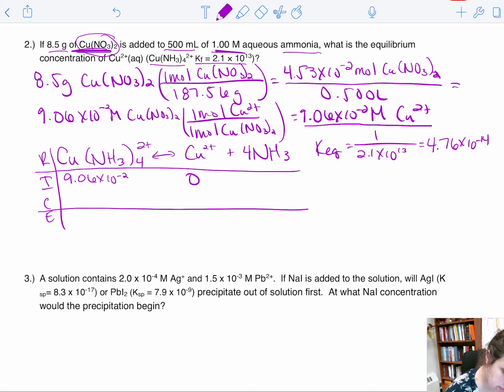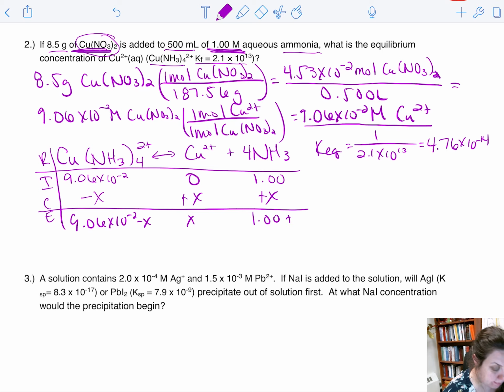And we're going to start with 1.00 molar here, as it says in our equation up here. Okay. We're going to do minus x here, plus x, giving us 9.06 times 10 to the negative 2 minus x, x and 1.00 plus x.